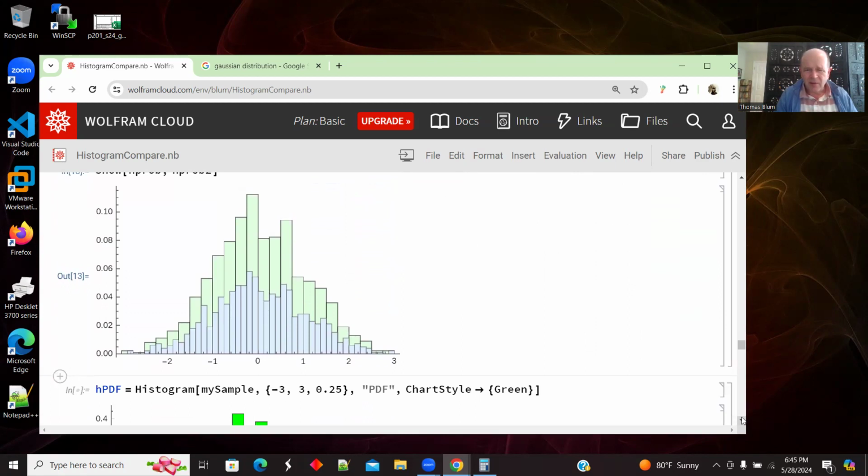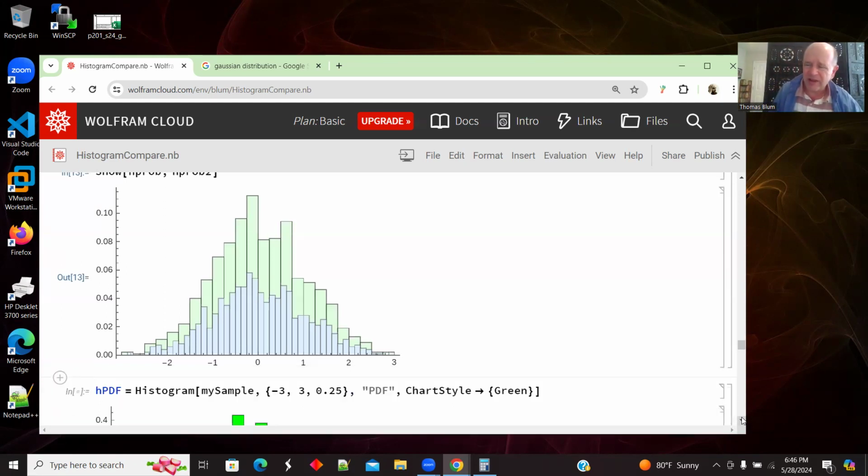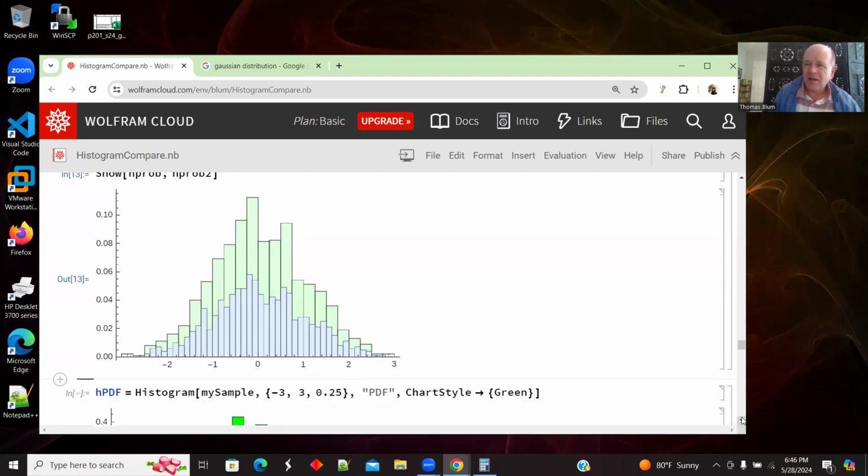So the probability doesn't depend on the number of samples. We saw that when comparing the 1,000 sample to the 500 sample. But the heights are dependent on the width. If I have a smaller width, there's less probability of being in this smaller division.